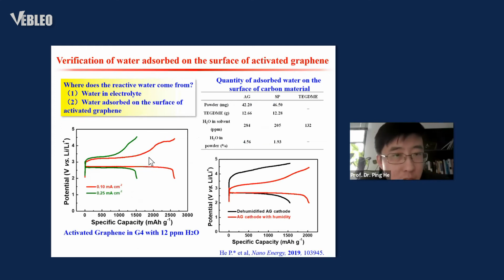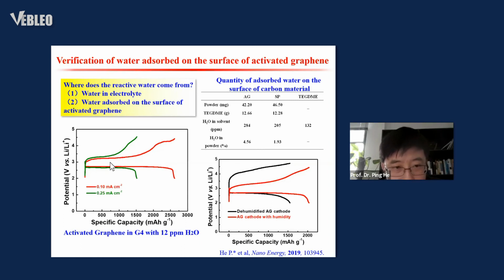Finally, we also researched the issue of where the reactive water forms from. The first is water in the electrolyte or water adsorbed on the surface of the activated graphene. So we can discharge and charge the cathode with this activated graphene. The red color is discharge and charge.